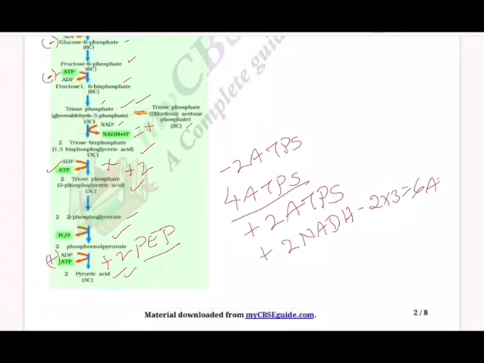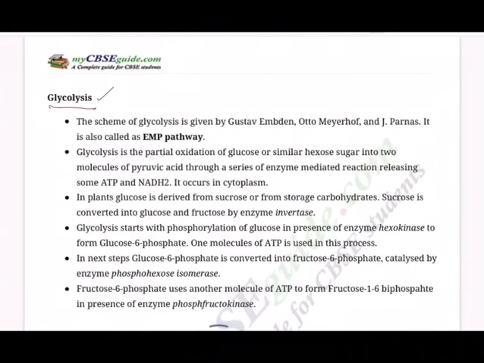So 2 into 3, 6 ATP molecules. So overall, at the end of glycolysis, net gain is 6 plus 2, 8 ATP molecules. This is the profit for glycolysis. So there is a net gain of 8 ATP molecules during the process of glycolysis.